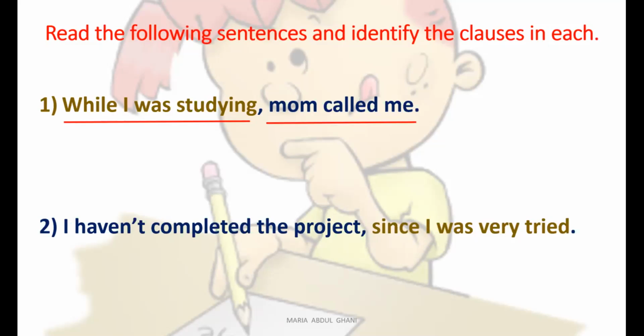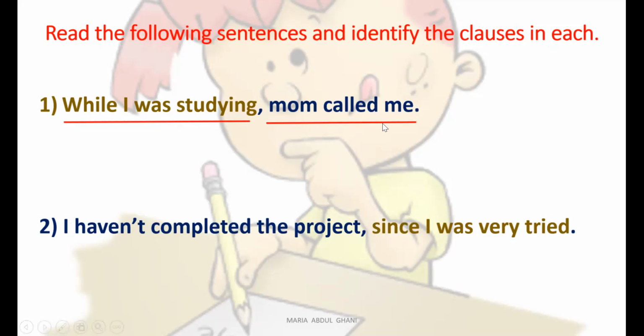Now, which one of these clauses is independent and which one is dependent? When we say independent, it can come in the sentence as it is. It doesn't need anything to complete it. It's a complete sentence. You can put it without any addition. Which one of these, while I was studying or Mom called me, is independent? Mom called me. Very good.